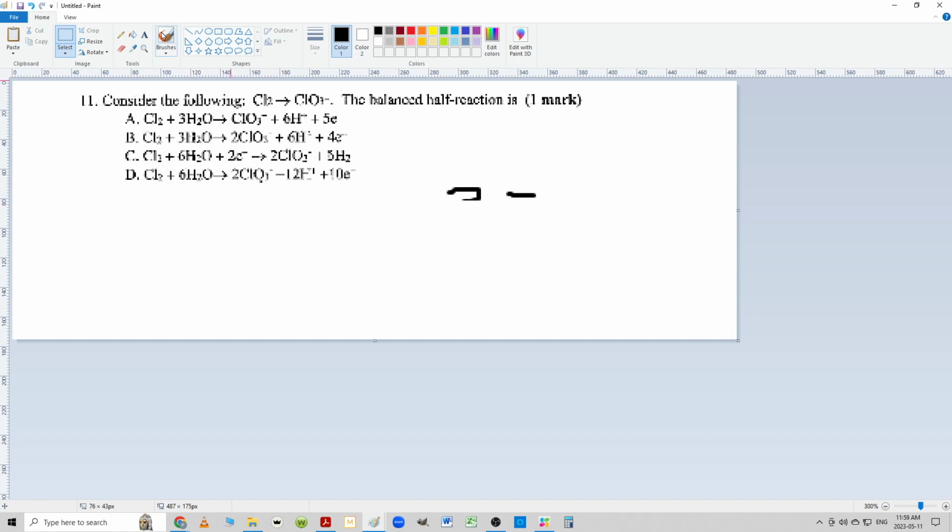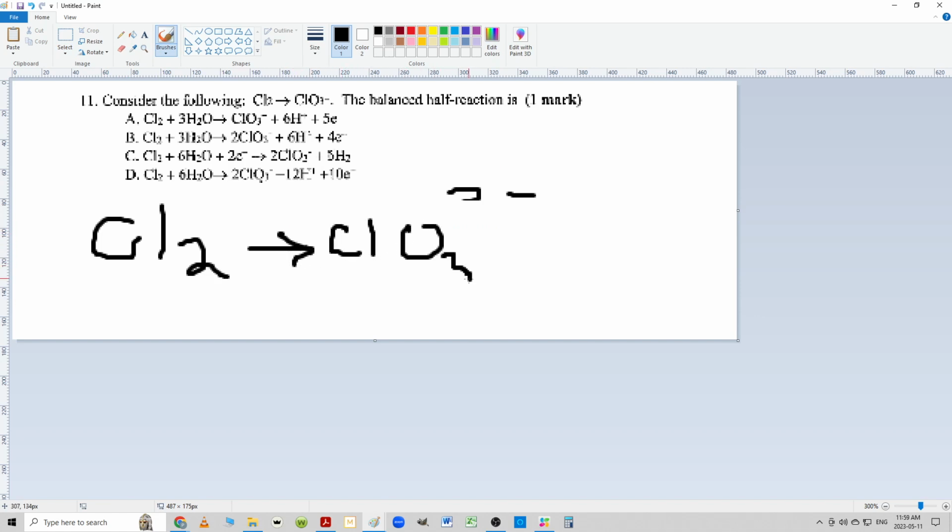So it's really Cl2 to a ClO3 with a minus charge, which means 1 minus, which means that this is normally -6, and this would be +6, but that minus charge means it's +5. There we go. Now we can see the actual reduction.